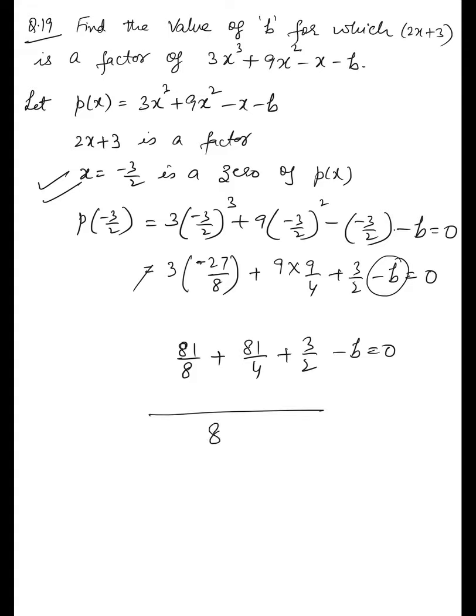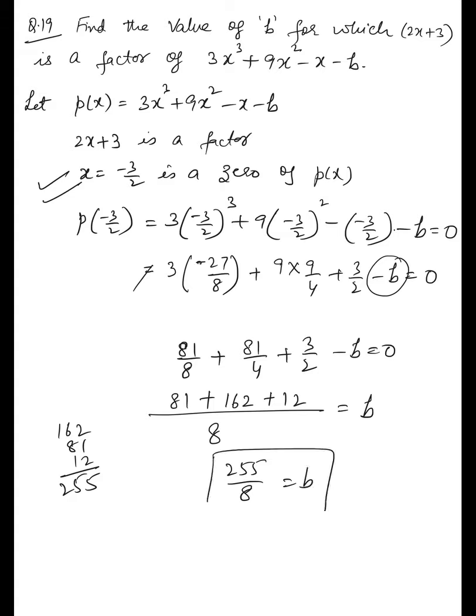Take the LCM as 8 here. So it is 81 plus 162 plus 12 is equal to b. After adding them up, 162 plus 81 plus 12 will give you 255 upon 8 is equal to b. This is the value of b which will make 2x plus 3 a factor of the given polynomial.